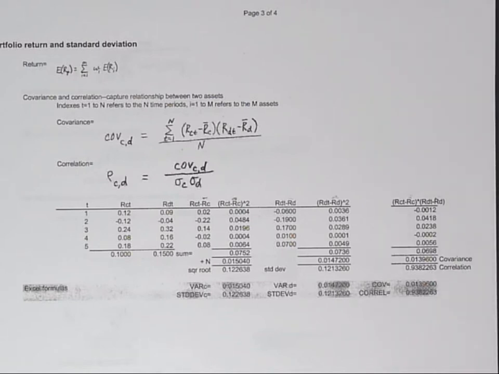We have a better idea of what is a high and a low correlation coefficient, because the correlation coefficient only goes from and including -1 to +1. And a 0 means they're uncorrelated, meaning that there's no relationship.